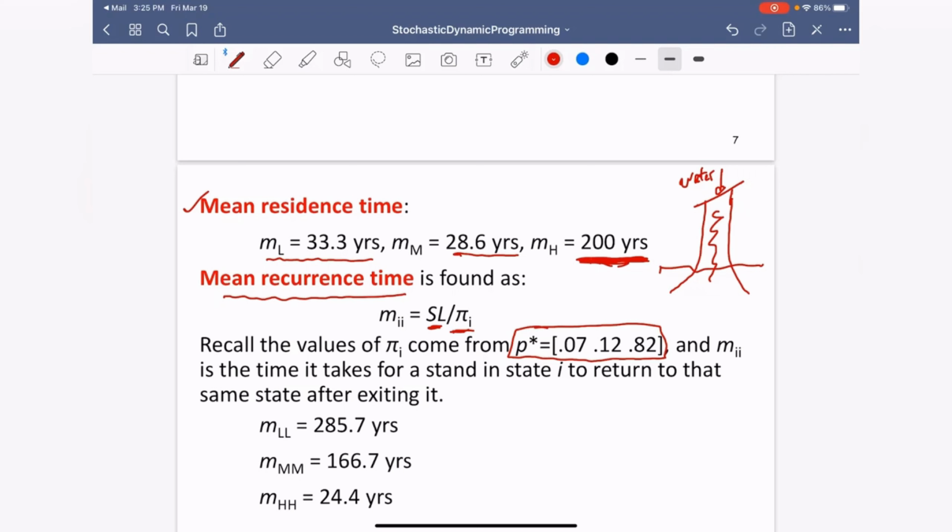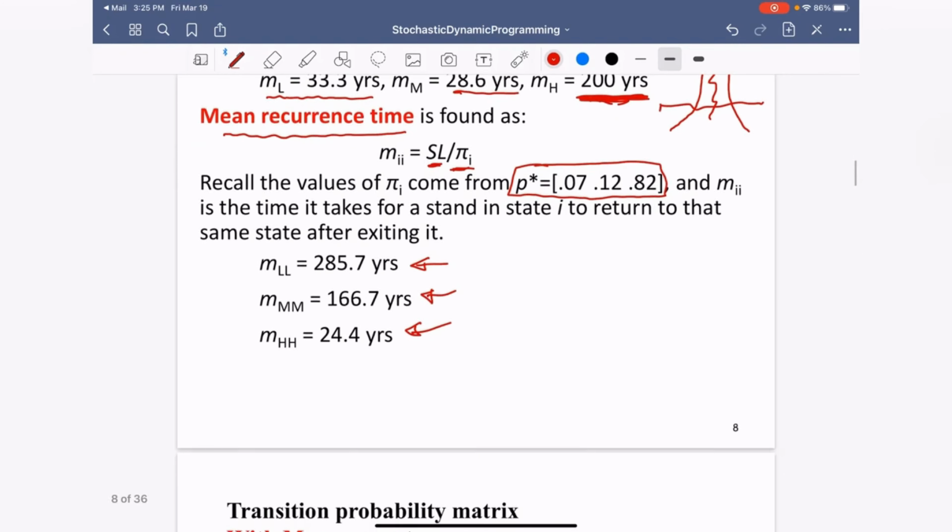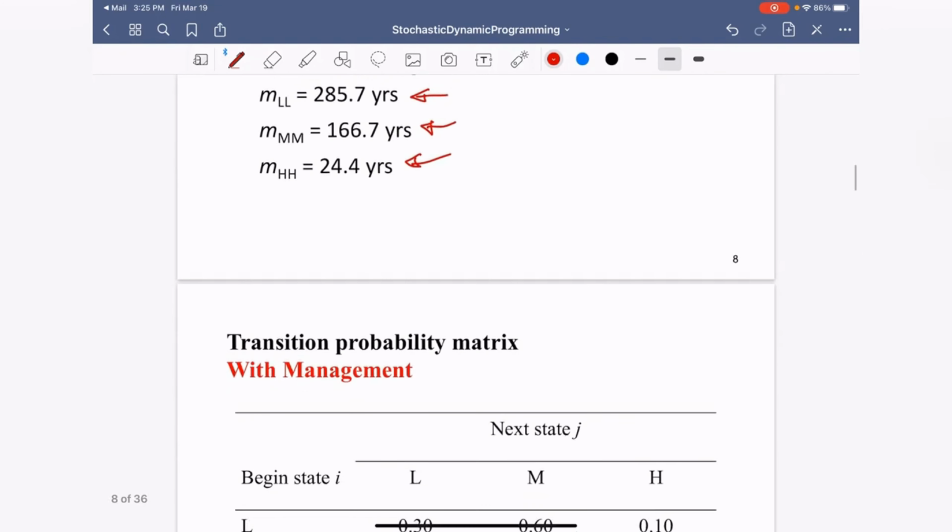So the mean recurrence time for a low state is 285.7 years. For a medium state, it's 166.7 years, and it's only 24.4 years for the high level of timber on the site.